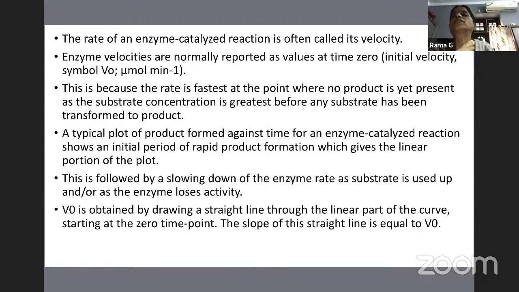At the start, the velocity of the reaction is very low, more or less zero, where the substrate molecules are not yet activated by the enzyme. Gradually, by the participation of the substrate molecules and enzymes, the rate of reaction goes up, and that gives a straight line. V0 is obtained by drawing a straight line through the linear part of the curve, starting at the 0 time point. The slope of this straight line is equal to V0.